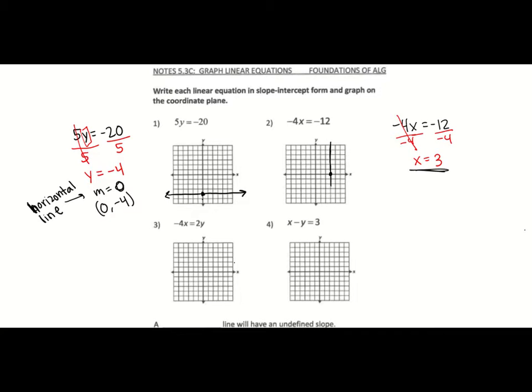So we're going to have a vertical line going up and down, as x always equals 3. So this is our vertical line. This is where our slope, or our m, is undefined. There is no slope. It's undefined.